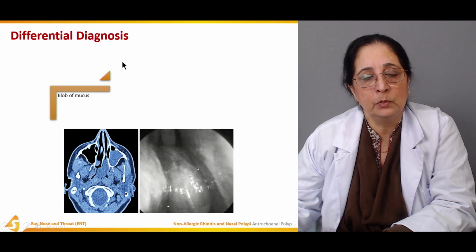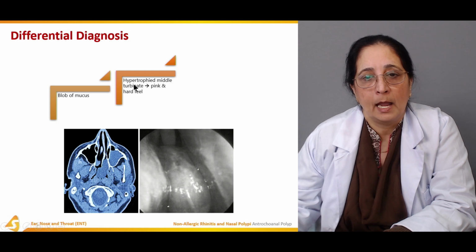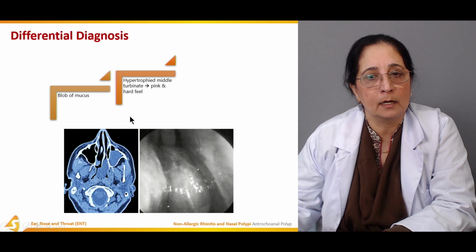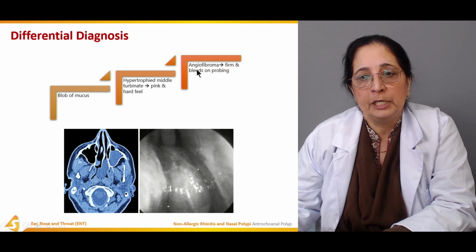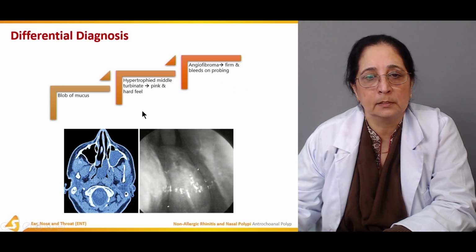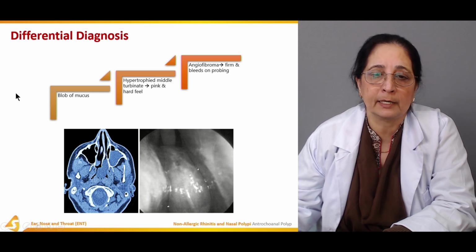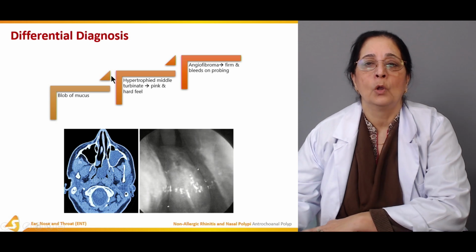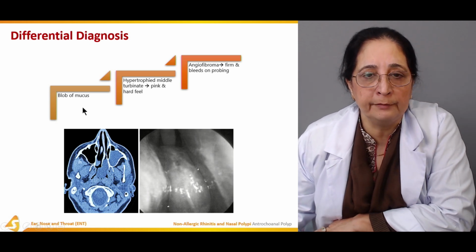Differential diagnosis: a blob of mucus, hypertrophied middle turbinate, pink and hard to feel, angiofibroma, firm and bleeds on probing. These are some differential diagnosis factors from which antrochoanal polyps should be differentiated.